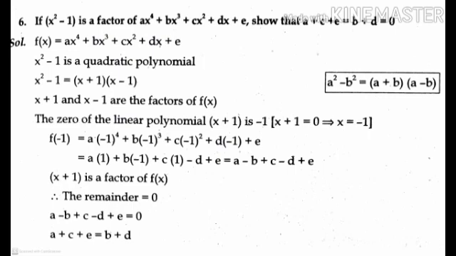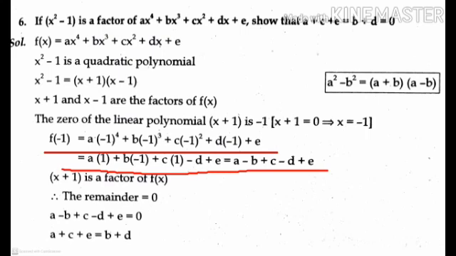Therefore, the zero of the linear polynomial x + 1 is -1. Since x + 1 = 0, that implies x = -1. Now substitute -1 for x. That implies f(-1) = a(-1)⁴ + b(-1)³ + c(-1)² + d(-1) + e.